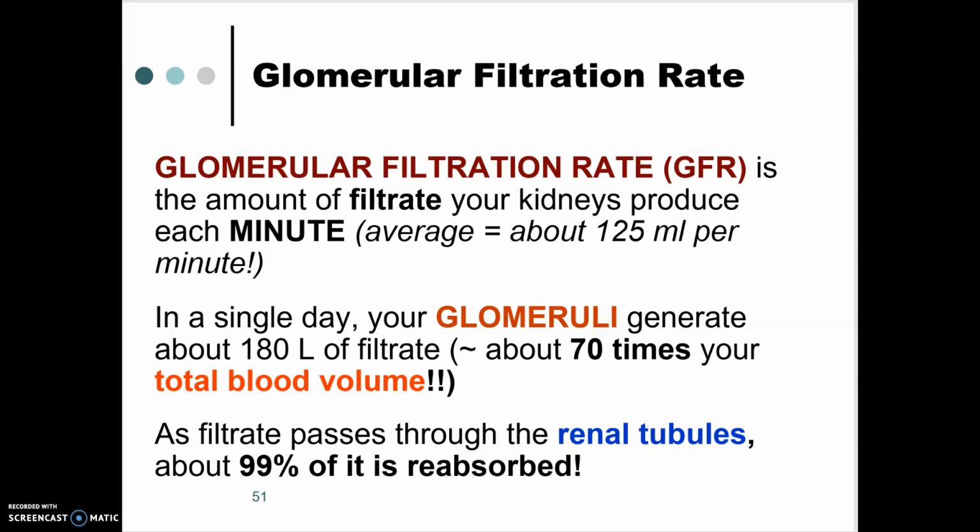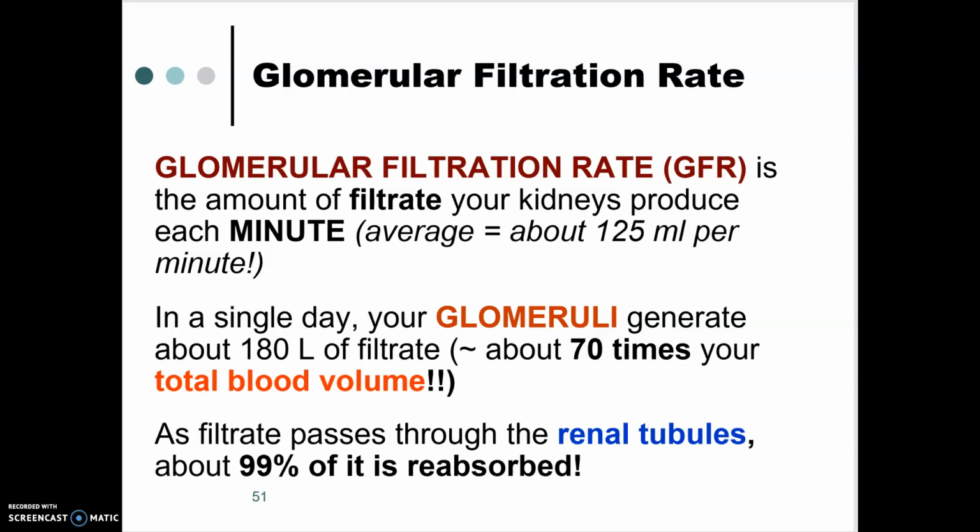Now, the glomerular filtration rate is the amount of filtrate that's being produced by your kidneys per minute. So how much stuff is taken out of your blood per minute. And on average, your kidneys are very, very efficient at filtration. They produce about 125 milliliters of filtrate per minute.